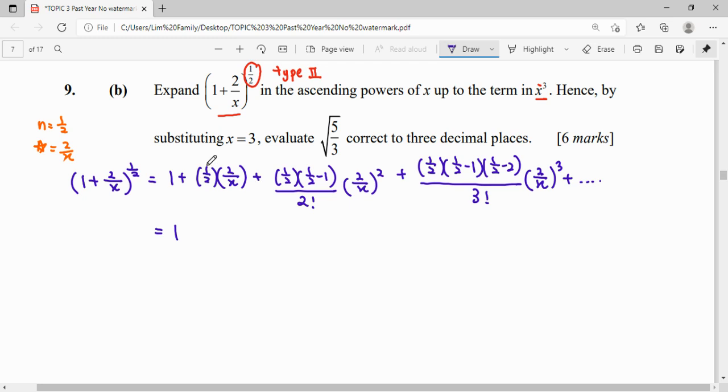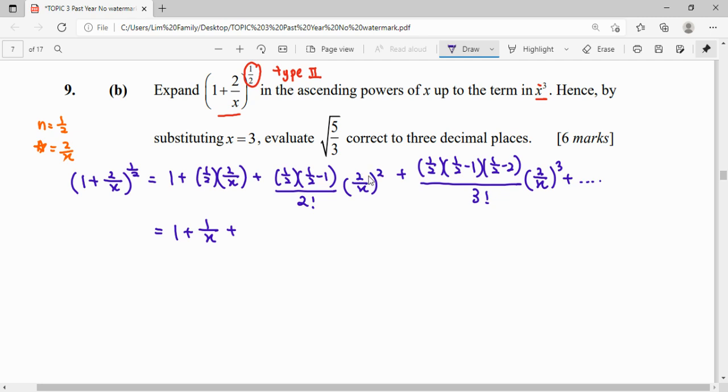Now we're going to simplify our expansion. Press the calculator: 1 over 2 times 2. So here we're left with 1 over x. Let the x stay at the denominator, because this is x power negative 1. Continue. Press your calculator: 1 over 2 times n minus 1, divided by 2 factorial. Don't forget here there is 2 squared.